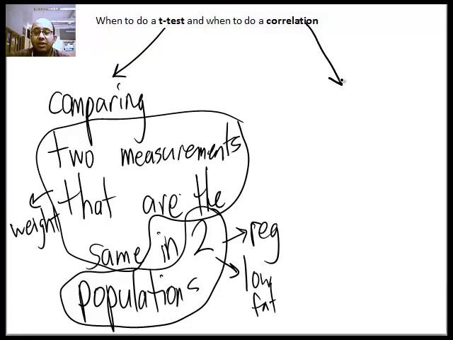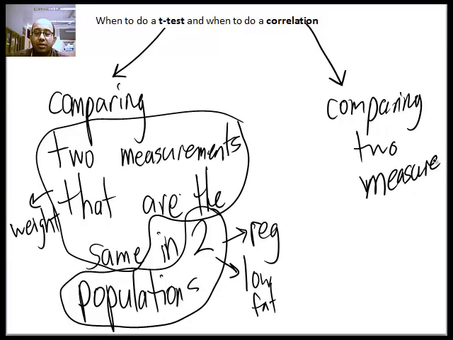You do a correlation when you're comparing two measurements, we'll say. We're running out of space here. Two measurements from the same population.